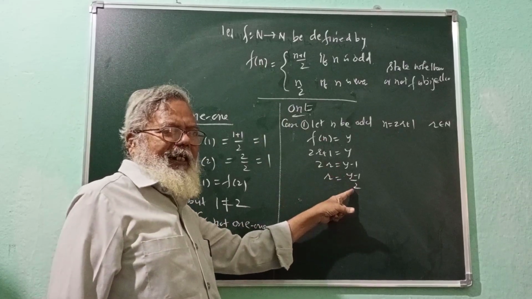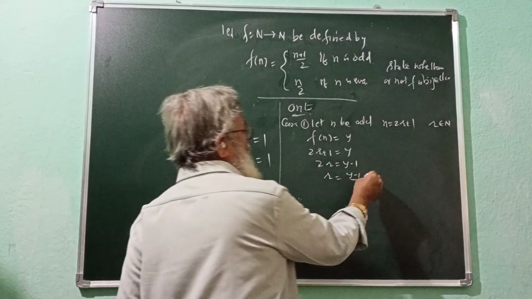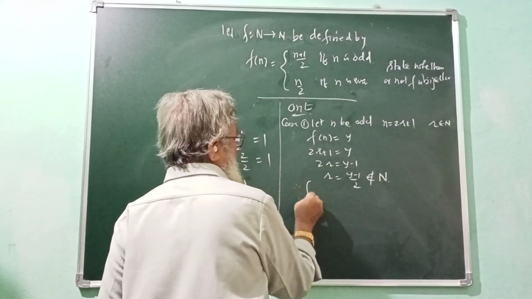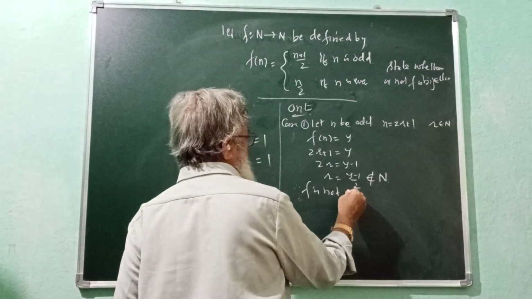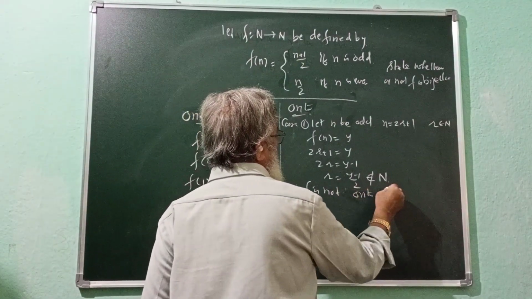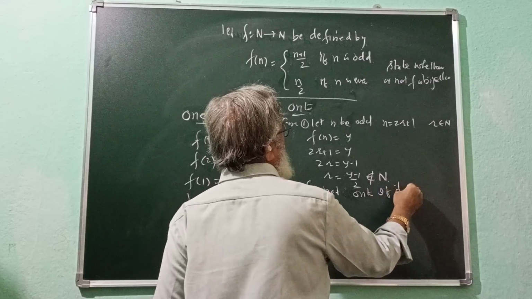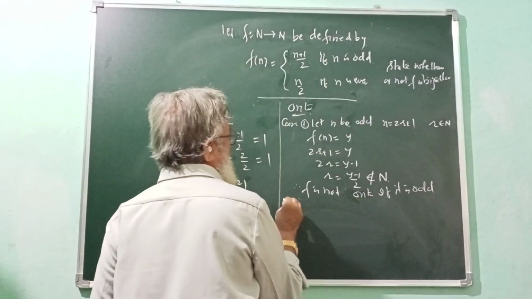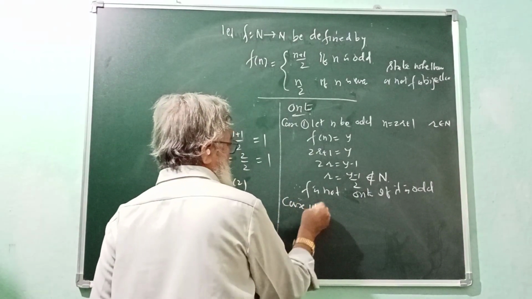Naturally it is fractional, so it does not belong to N. Therefore, f is not onto if n is odd.